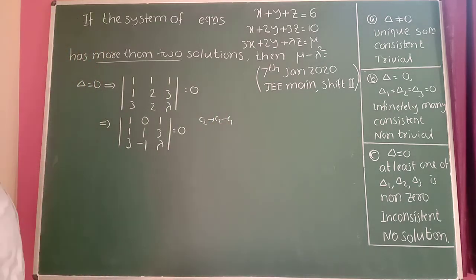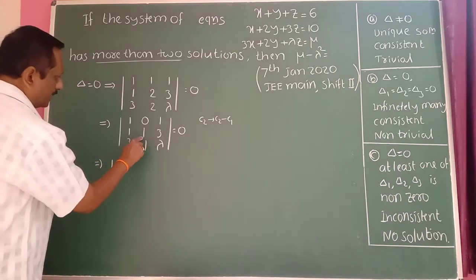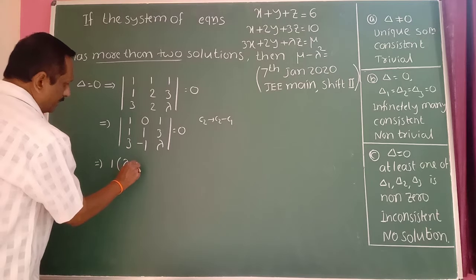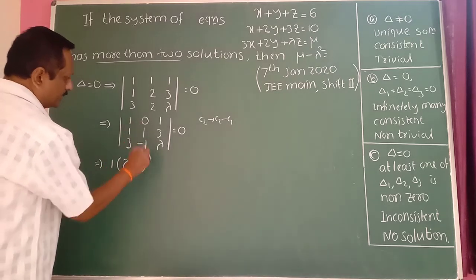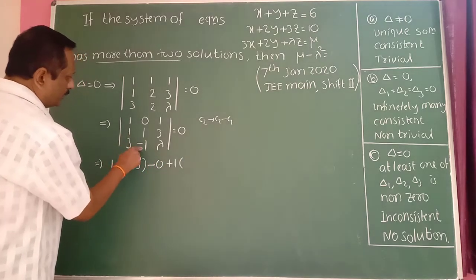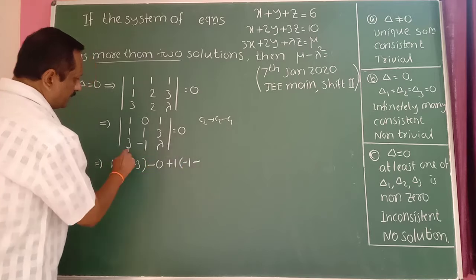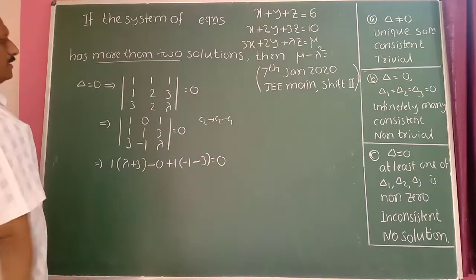Then expand this determinant. So this implies 1 into the bracket: lambda into 1 becomes lambda, minus of 3 ones are 3, so minus minus plus 3, and 0 into any term is 0, plus 1 into minus 1 is minus 1 minus of 3 ones are 3, equal to 0.